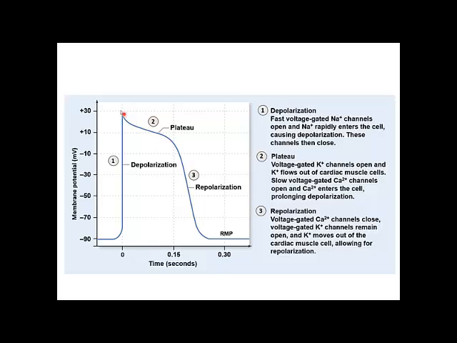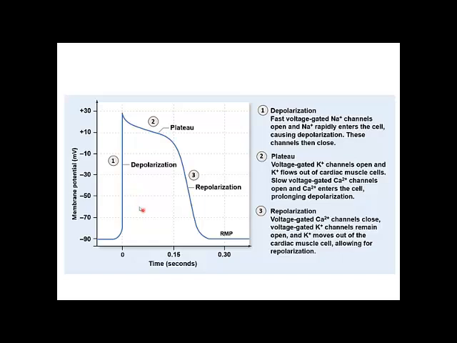Once we depolarize, we would pretty quickly repolarize. We would do this because those sodium-potassium pumps would reset our membrane potential. It turns out we actually want to stay in our depolarized state, and this is what our calcium channels are going to do.